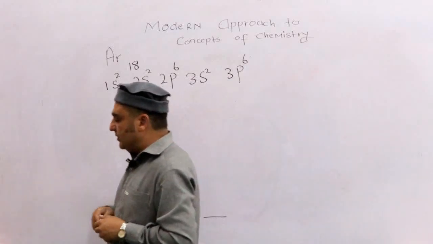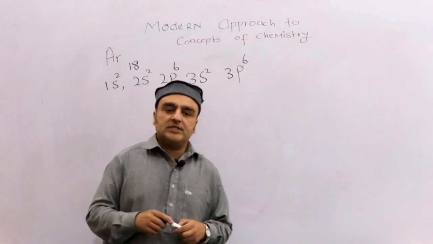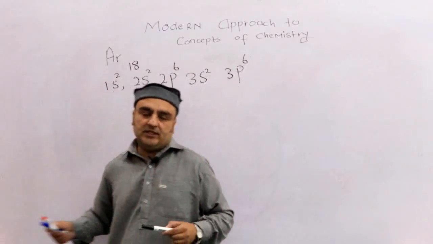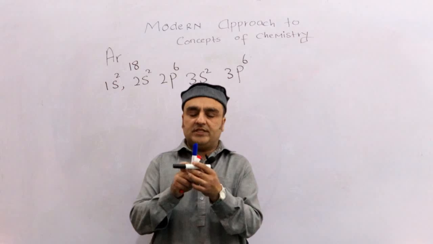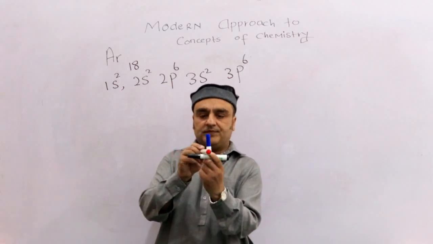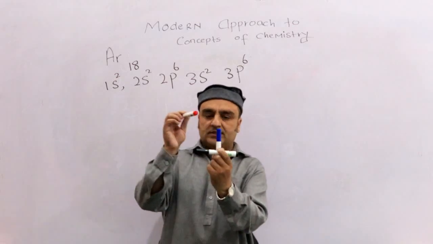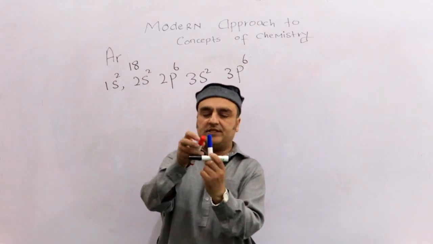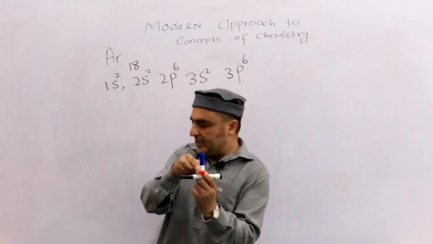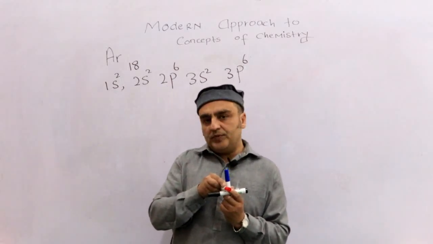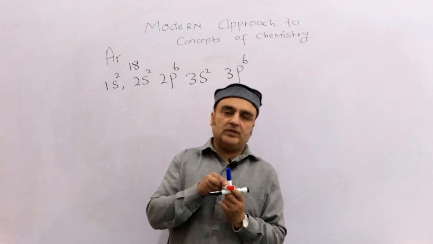But again, as you know, the p orbitals are three in number and perpendicular to each other. Perpendicular to each other means that they are like this, in x, y, and z directions. Suppose this is one direction, this is the other direction, and this is the other direction. Let us select only one orbital each from 2p and from 3p.